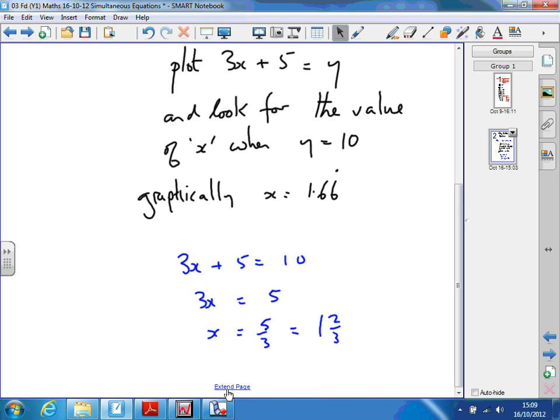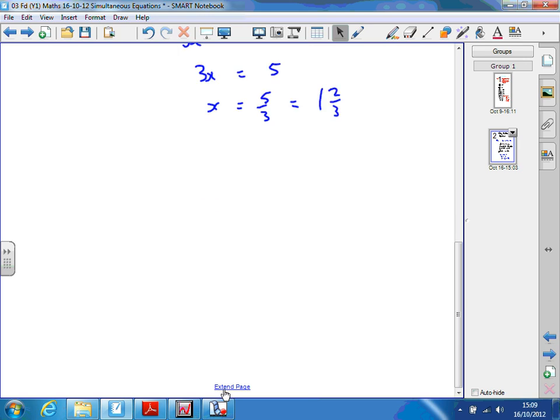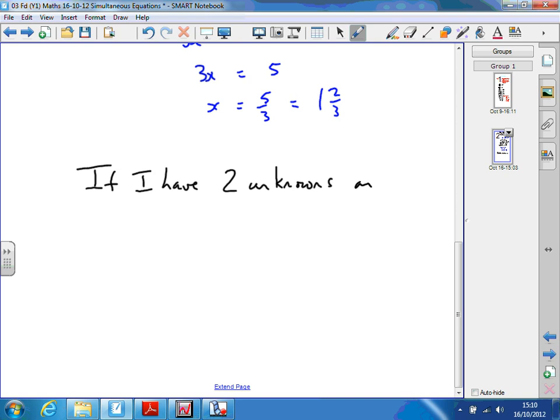If I have another equation, if I have two equations and two unknowns, I can solve them simultaneously. Two unknowns and two equations I can solve simultaneously.